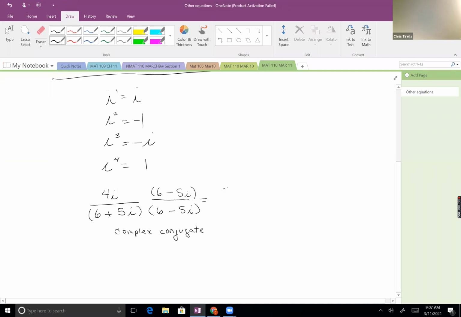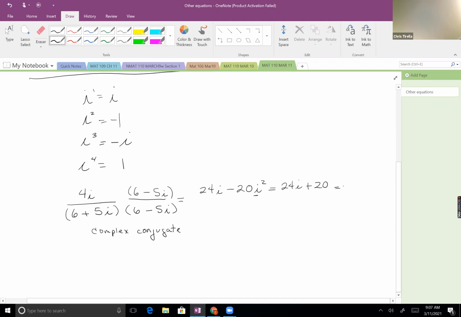In the numerator, we'll distribute and get 24i minus 20i squared. But we have to remember that i squared is -1. So that becomes 24i plus 20. And it's more standard to have the real part first, so we'll write that as 20 plus 24i. Because they're conjugates in the denominator, it's again like multiplying the sum and difference.